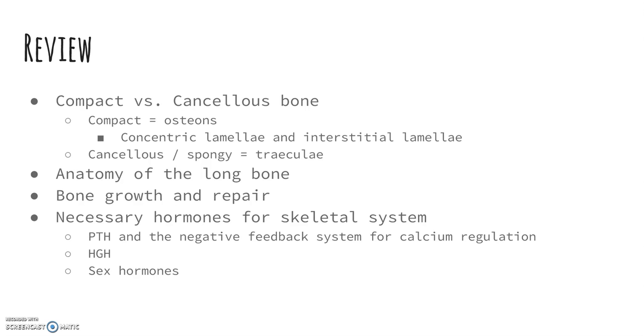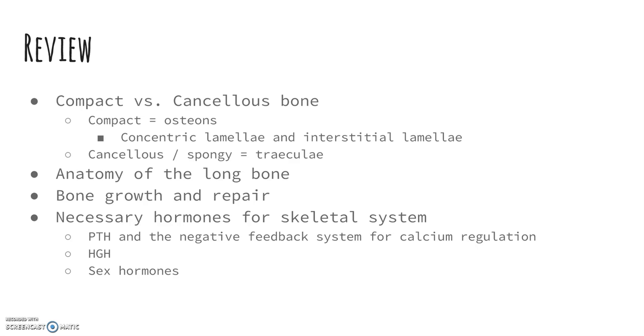All right, for review, we learned a little bit last class period before break about the compact versus cancellous bone. Compact bones are made of osteons that are in concentric lamella with interstitial lamella in between, and cancellous or spongy bone is made up of trabeculae that have spaces in between filled with blood vessels and bone marrow. We talked last time about the anatomy of a long bone.